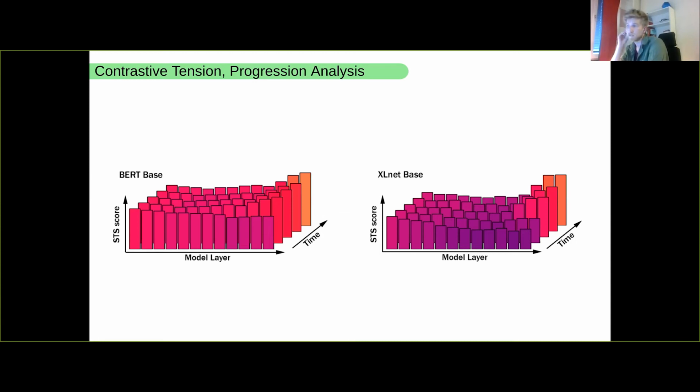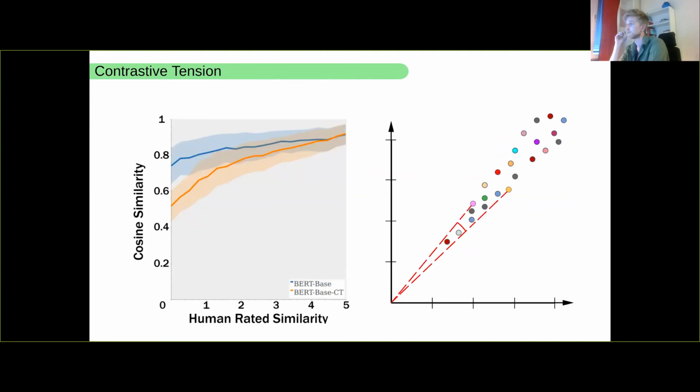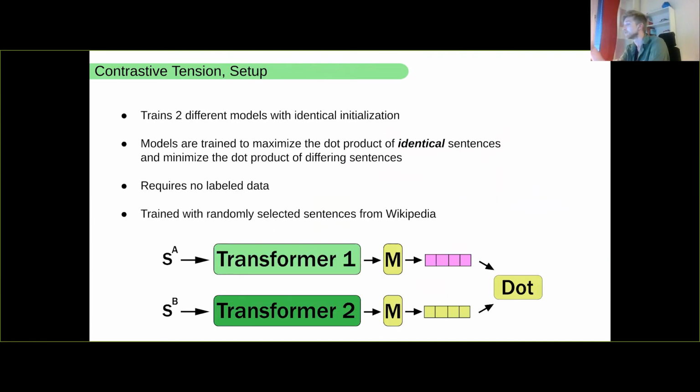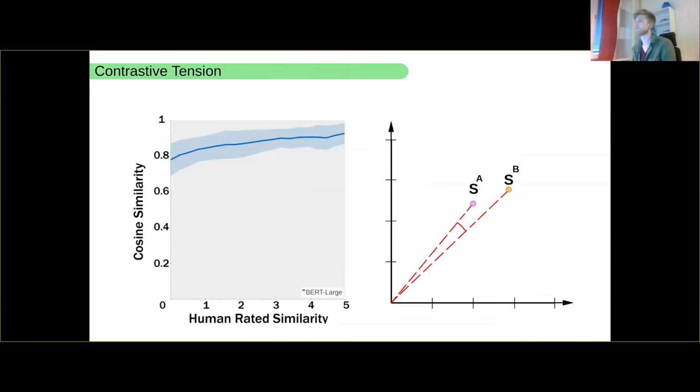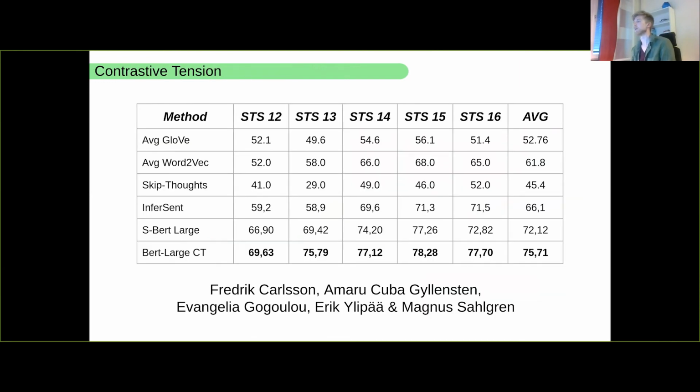I should also mention that since we have two different models in CT, we evaluate both of them and then we throw away the best one to make it a worst-case scenario. So the results we saw here are the worst-case scenario. We trained two models, evaluated both of them, and threw away the best one to say, okay, this is the worst we're potentially going to end up with.